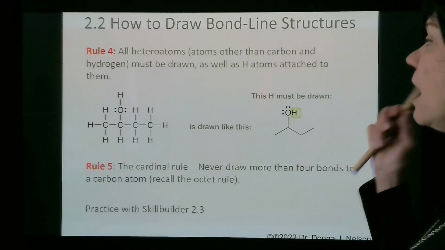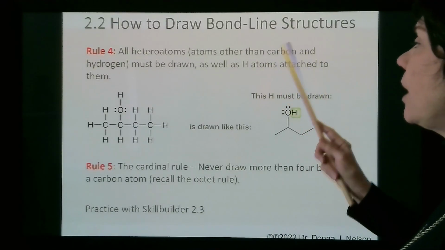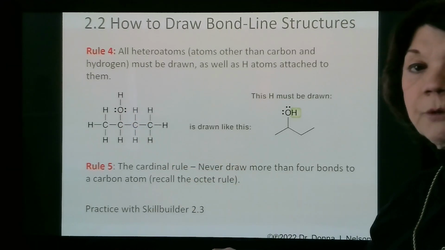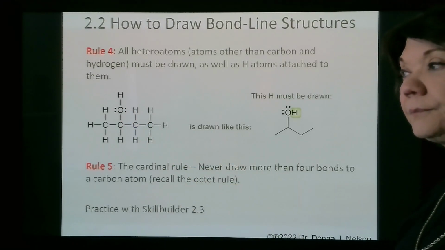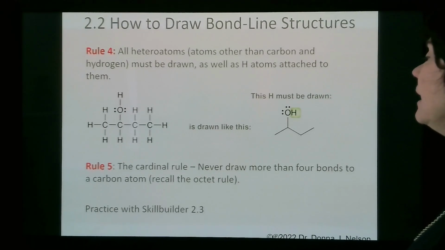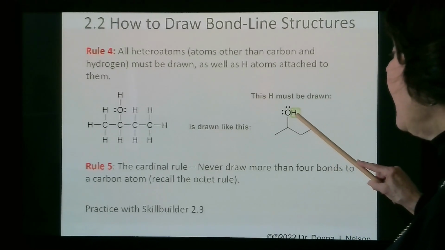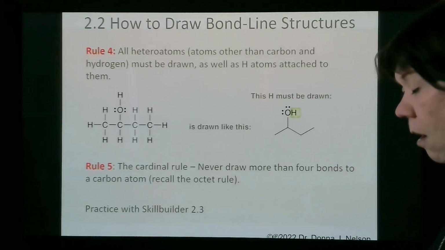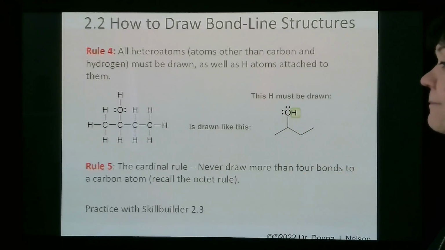All heteroatoms, that means atoms other than carbon and hydrogen, must be drawn in. Otherwise, there will be no way to know what functional groups exist in the molecule. And the protons attached to those heteroatoms are always drawn in. And you never draw more than 4 bonds to a carbon atom.